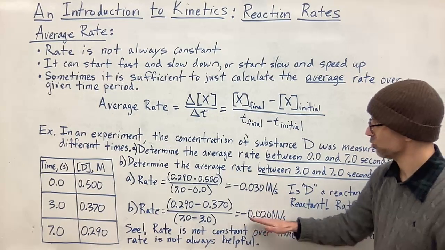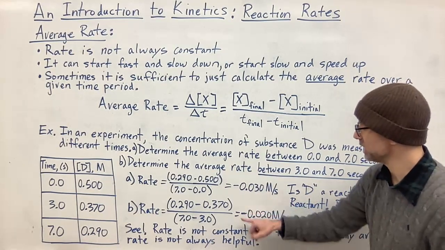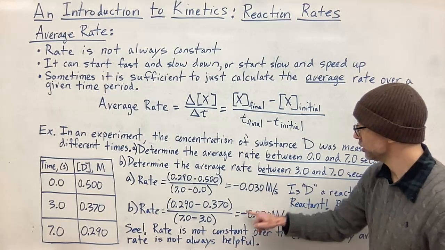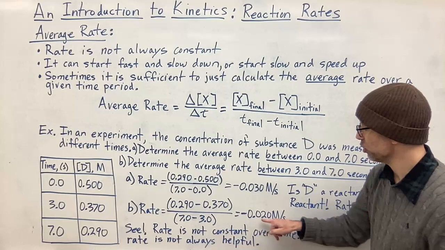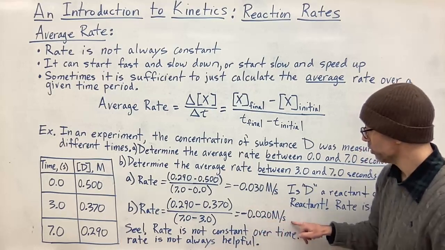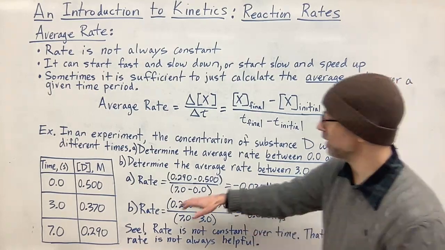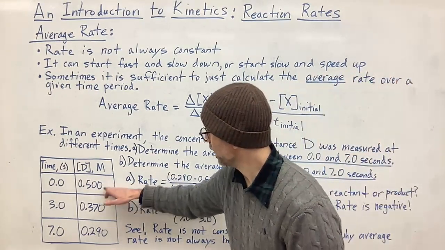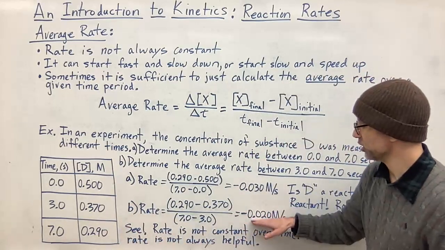So in this case, we're calculating a rate of a decrease in the concentration of D by 0.020 molar per second. And you'll notice here that depending on what interval we choose, we get a different reaction rate.